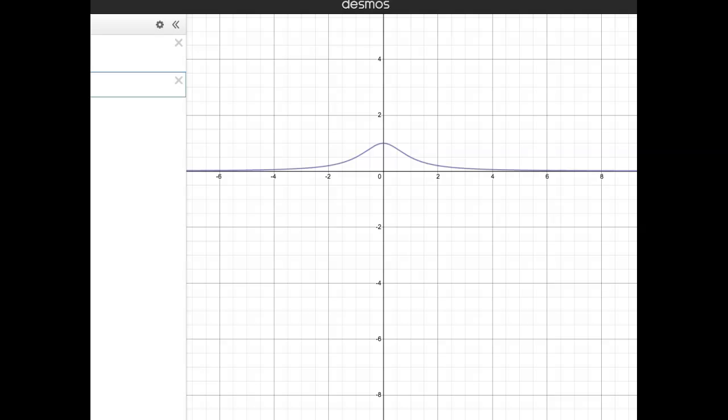Any questions on that? Is there an integrate function in Desmos? I started using, oh, look at that. Can I go from negative infinity to infinity, one over 1 plus x squared?